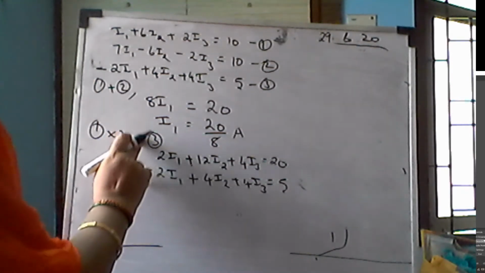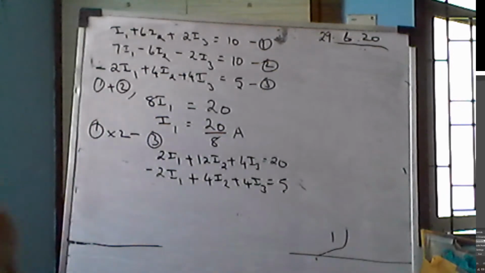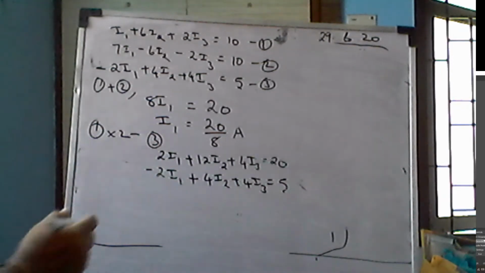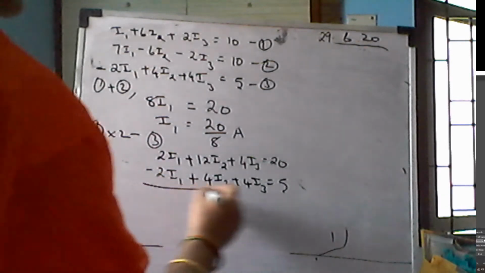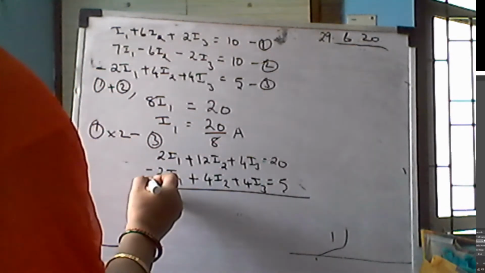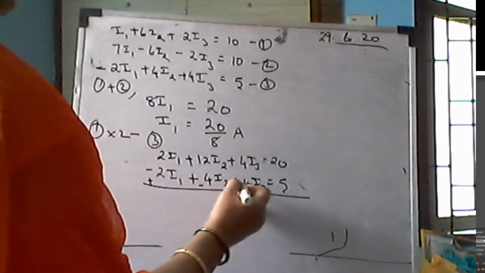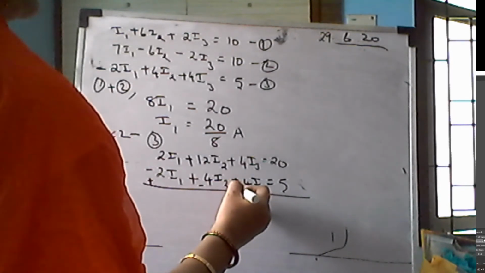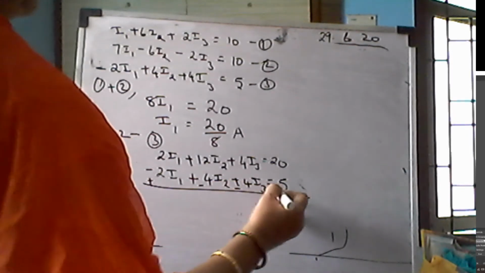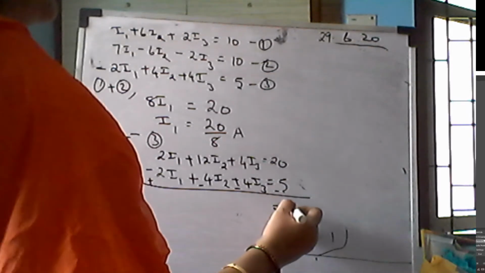Now because you know I1, what can you do? You can subtract. When you are subtracting, this will become plus, this will become minus, this will become minus, and this will become minus. So this is equal to 15.